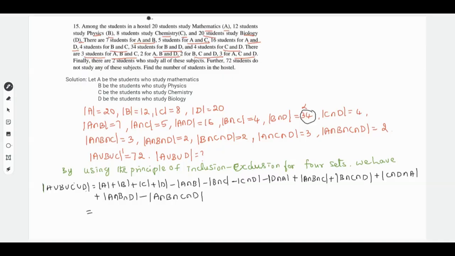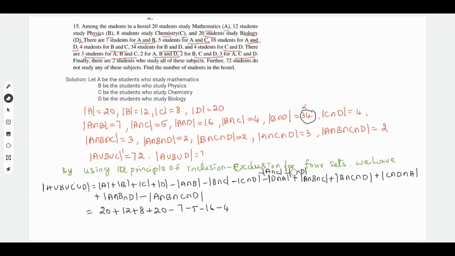So substituting the values we got, we have 20 plus 12 plus 8 plus 20 minus 7 minus 5 minus 16 minus 4 minus 4, then minus 34 minus 4.